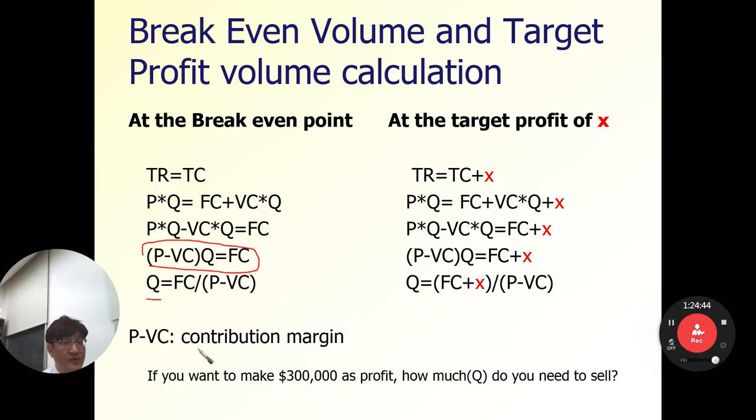So if you want to calculate the firm valuation, you need to calculate the cash flow, right? So this is the price minus BC. That is the contribution margin. In other words, if you divide the fixed cost by the contribution margin, then you will find the break-even quantity.